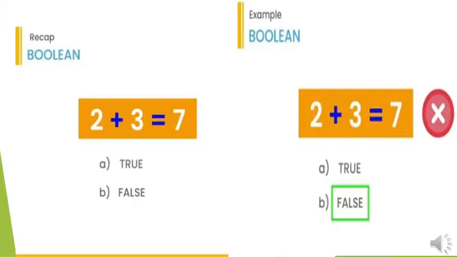We need to calculate what is 2 plus 3. So what is 2 plus 3? It's actually 5. But we are given 7. So the given statement is wrong. So we can say that the Boolean value is false. So in this given example, 2 plus 3 equals to 7 is wrong, so the Boolean value is false.